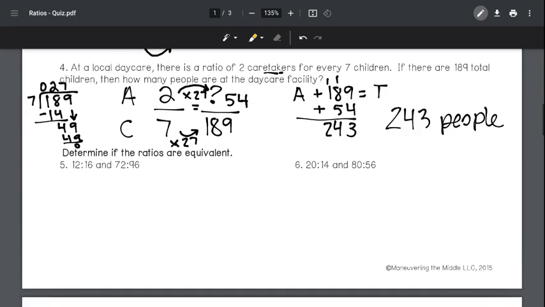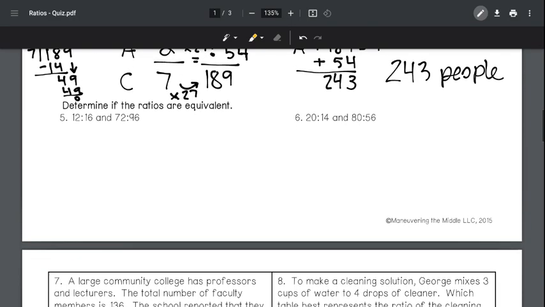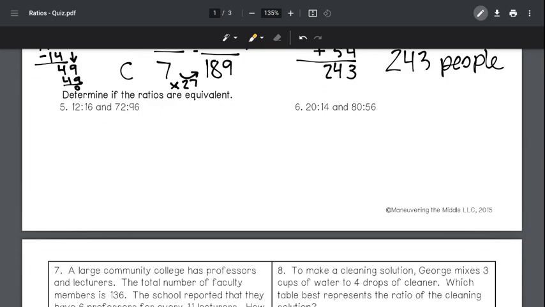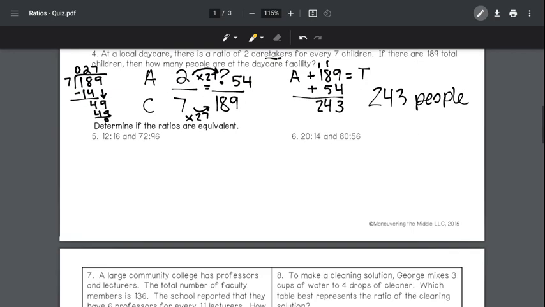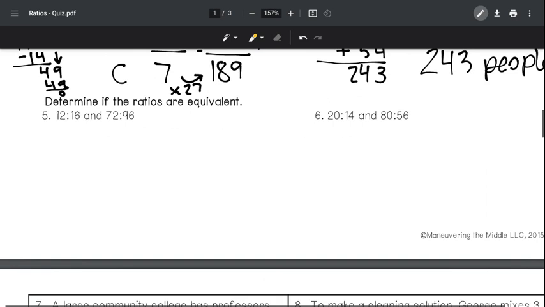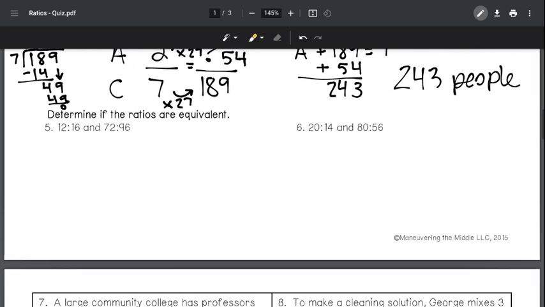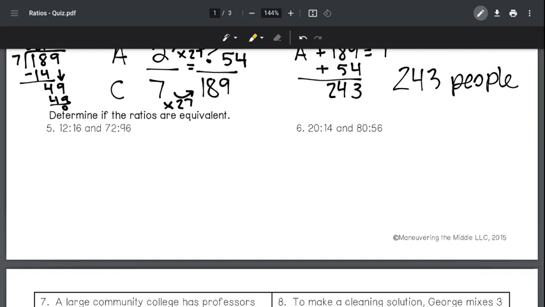All right, number 5 and 6. Determine if the ratios are equivalent. One of the things that I like to do, I'll do it in this problem, and then I'll do it the other way in the next one. I like to turn my ratios into fractions. So 12 to 16 versus 72 to 96.